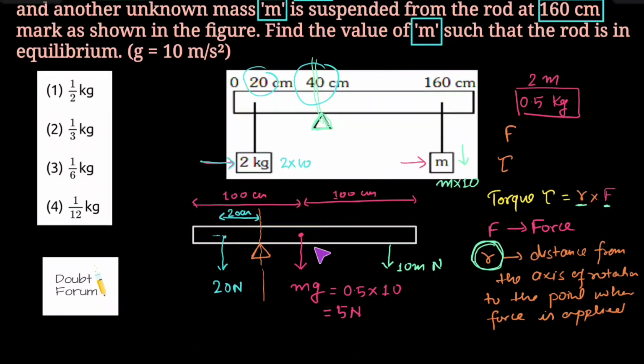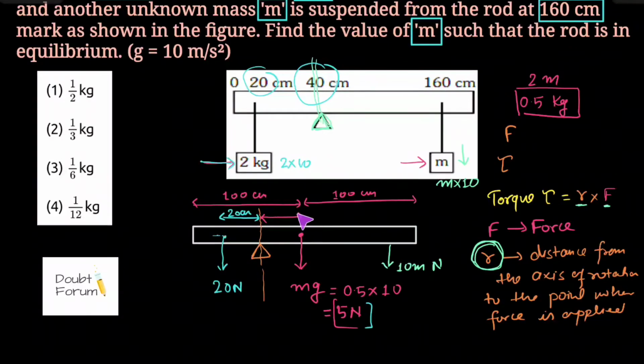The next thing we have to mark is the value of r for this 5 Newton force. This is the point where the force is acting and this is the axis of rotation, so we have to find this value, this would be our r. The point where the 5 Newton force is acting is at 100 centimeter from the 0 point, and the wedge is at 40 centimeter from the 0 point.